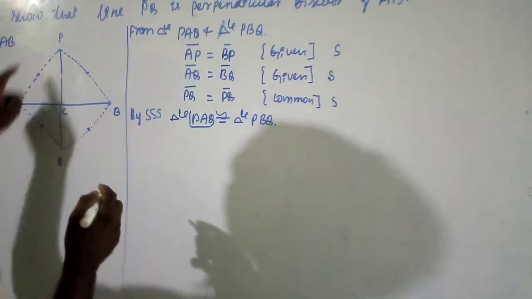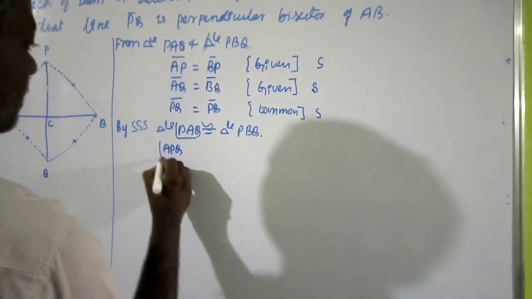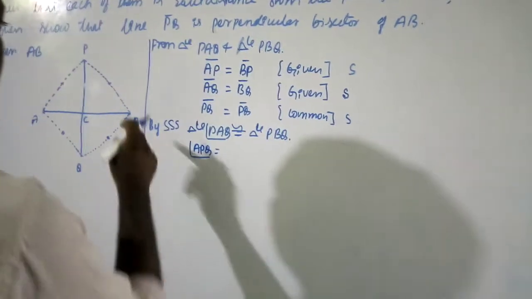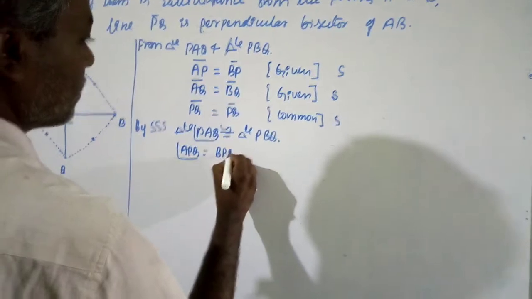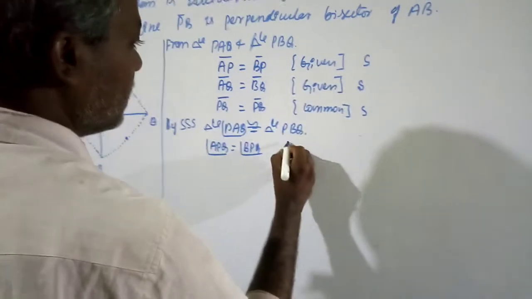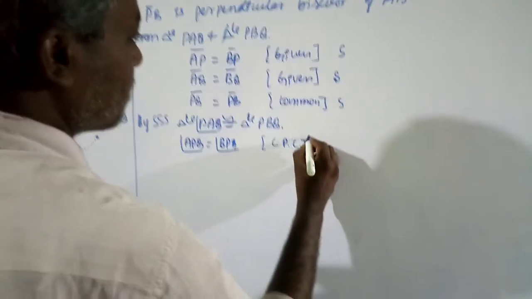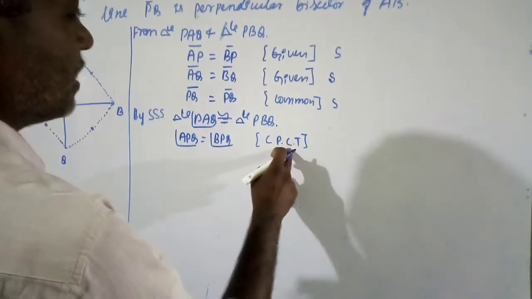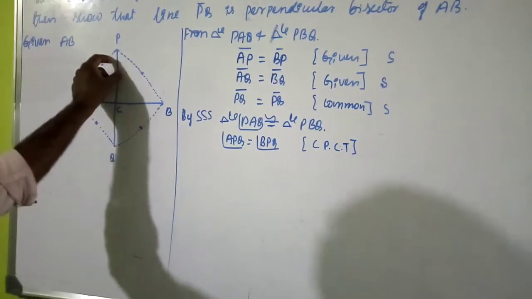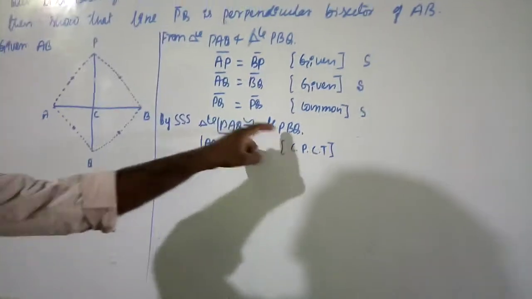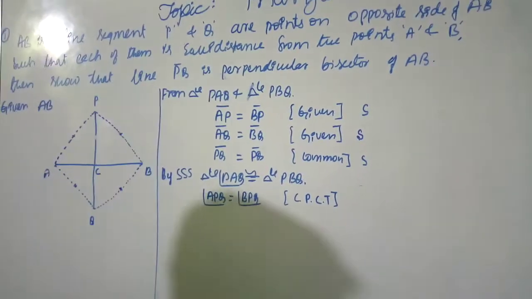Now angle APQ is equal to angle BPQ. Why? Because it is CPCT. What is meant by CPCT, dear students? Corresponding parts of congruent triangles. These two angles are corresponding parts of the congruent triangles. So angle APQ is equal to angle BPQ. Right.